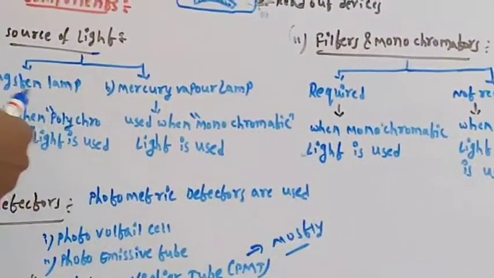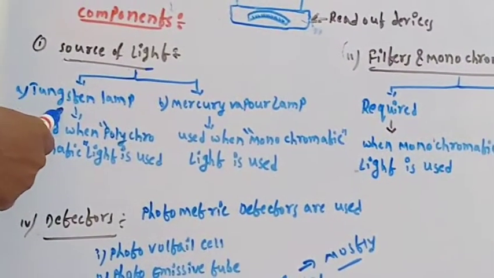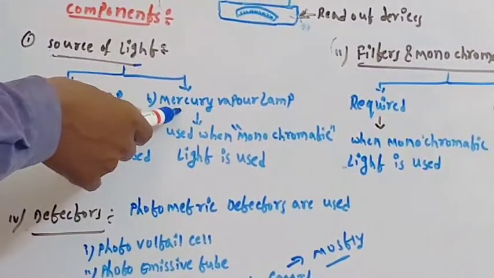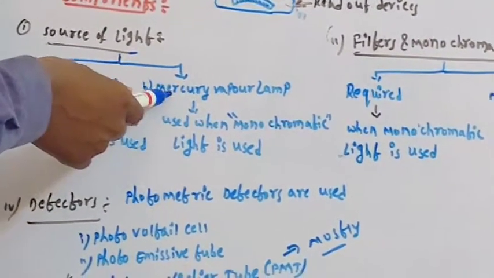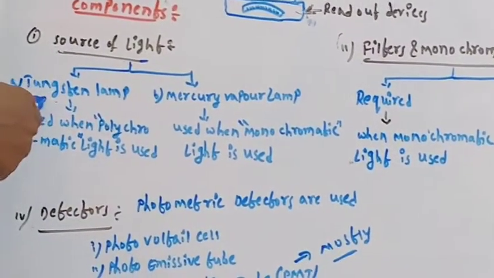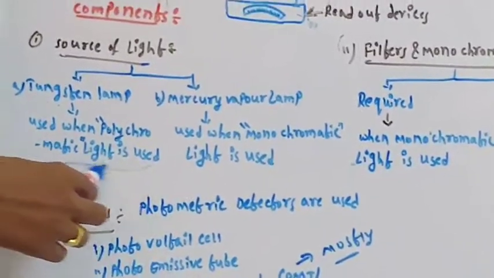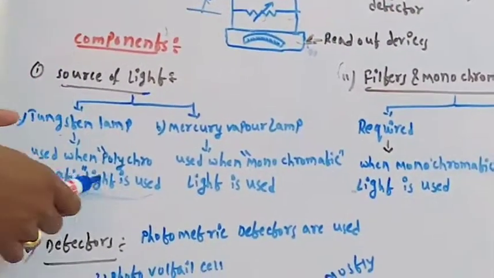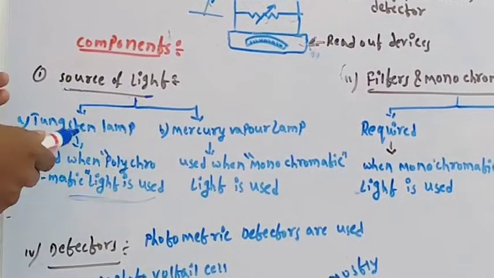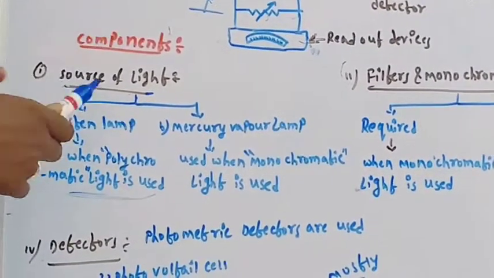In nepheloturbidometry, you can see the source of light, which is usually a radiation source. Either a tungsten lamp or a mercury vapor lamp may be used as the light source. When polychromatic light is used for the analysis, we have to use a tungsten lamp as the radiation source.